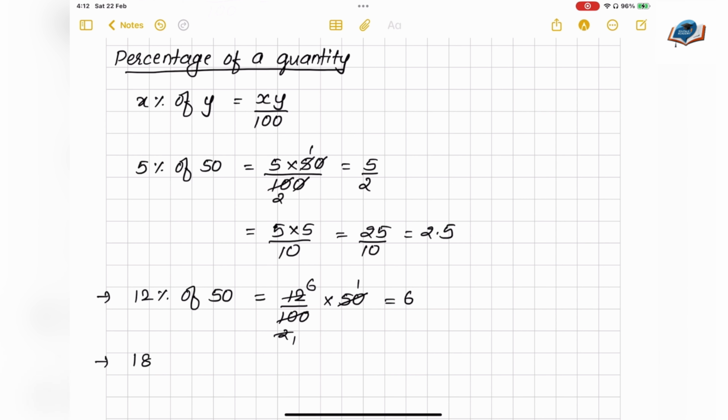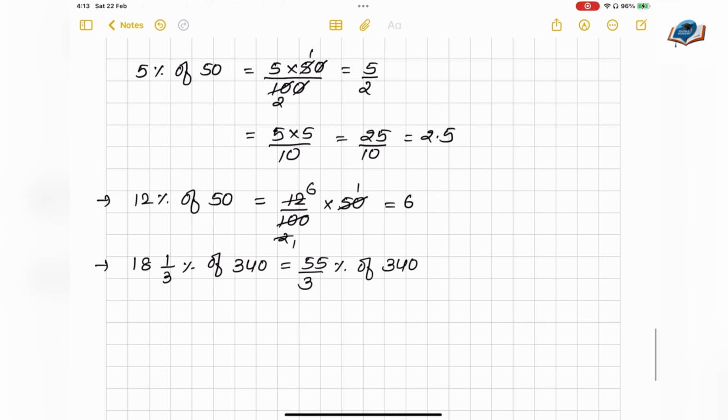Now it may be given to me like 18 1 by 3 percentage of 340. Now it is not always necessary that it will be in full form. So here 18 threes are 54 plus 1 will be 55 upon 3 percentage of 340.